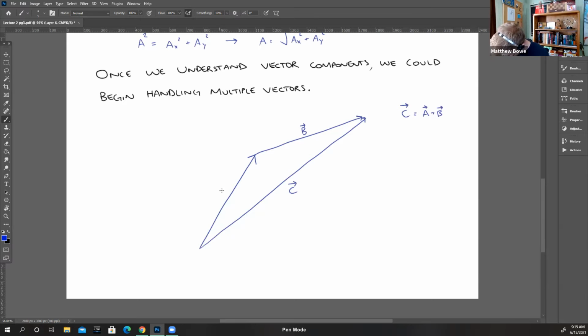Make this a little closer. We also know that vector A is made of X and Y components. So I'm just going to very quickly make a dotted line, and that's a dotted line.